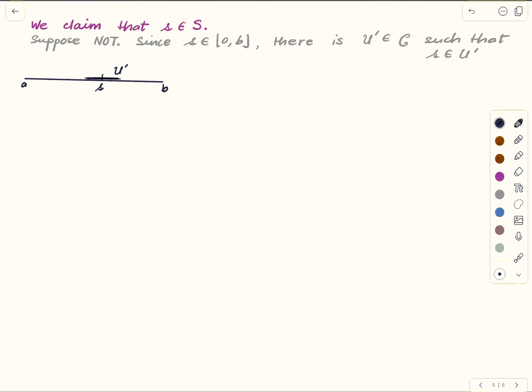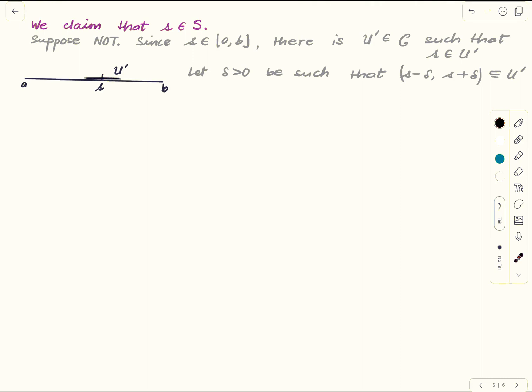And now, since U prime is an open set, let delta be such that this is contained in U prime. So since U prime is an open set, there is some room around s that is contained in U prime.